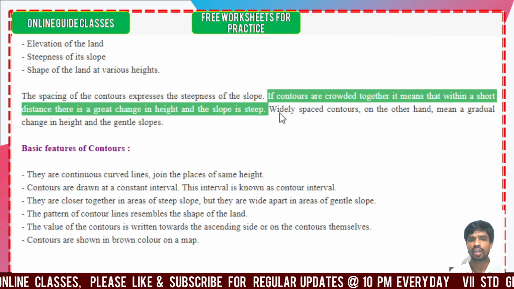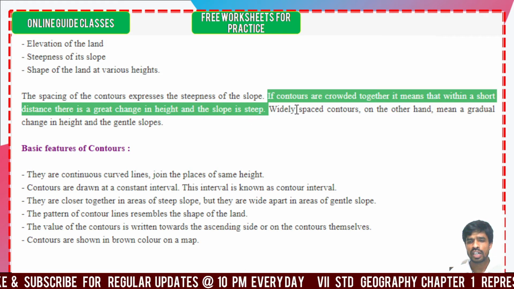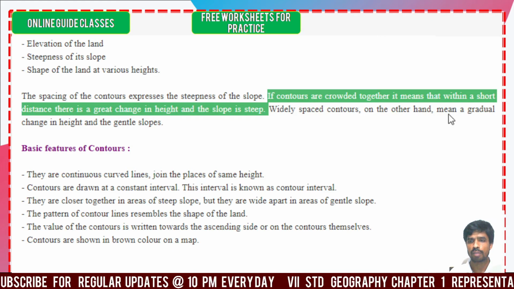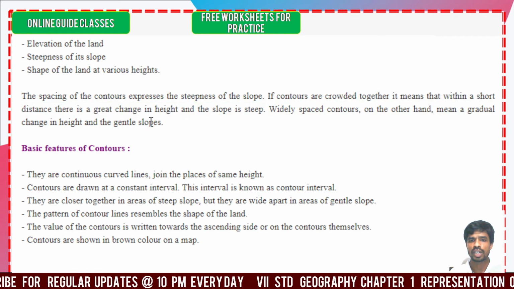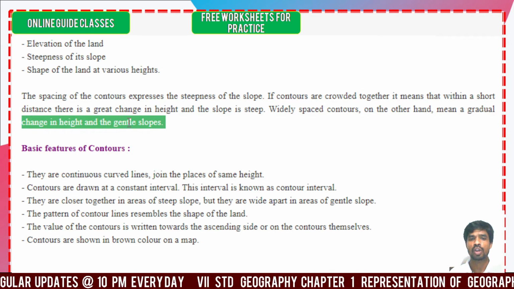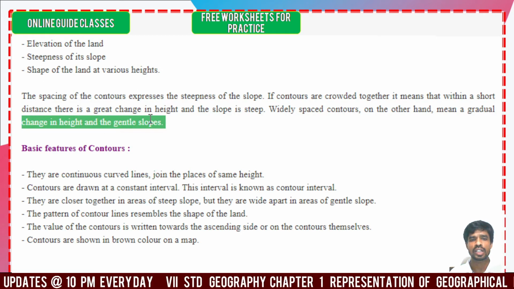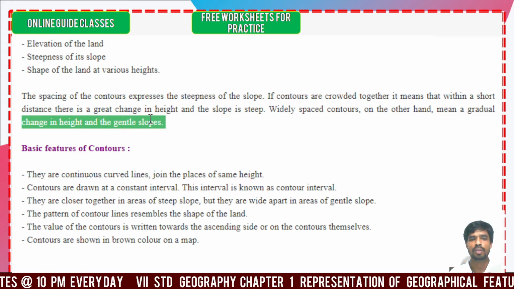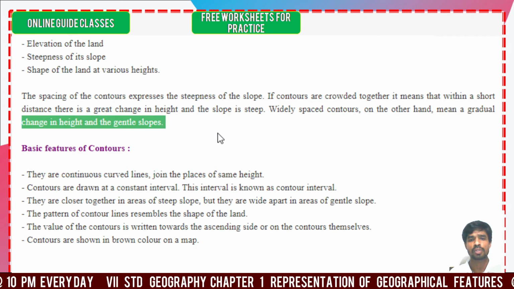This is the second point. And the third point is, if contours are widely spaced, on the other hand, it means a gradual change in height and gentle slopes. So if you remember these three points, you can easily read the contour lines and the topographical maps very easily.